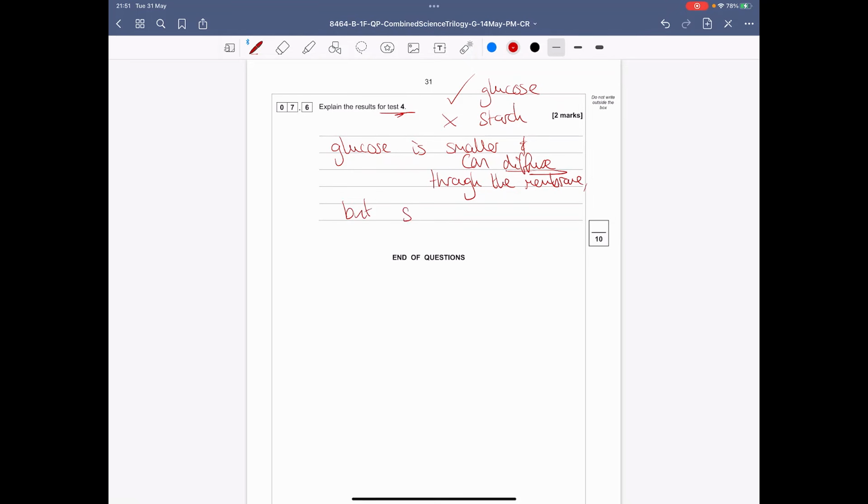But starch is much bigger and cannot diffuse through. It cannot get through that partially permeable tubing.